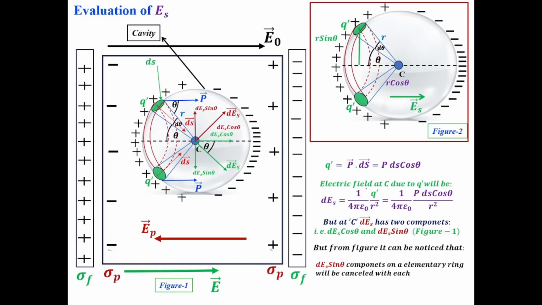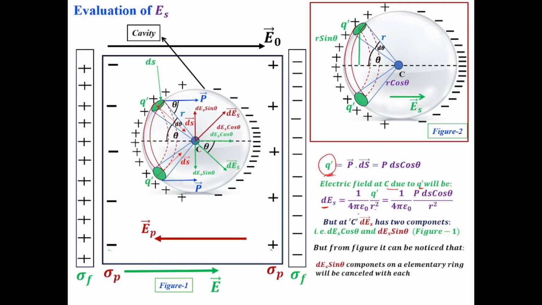Hence, what will be the electric field intensity at C due to the q dash charge? If this is the charge, then the electric field intensity dEs due to this charge will be 1 by 4 pi epsilon 0 times q dash by r square, because we consider that the radius of this sphere is r.